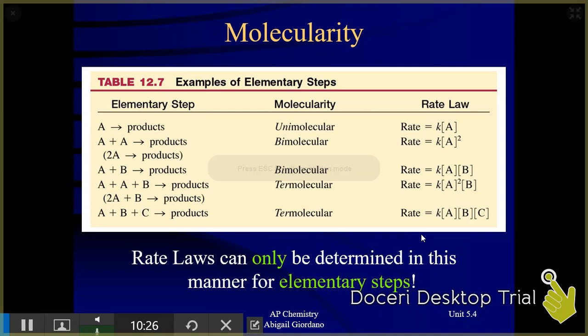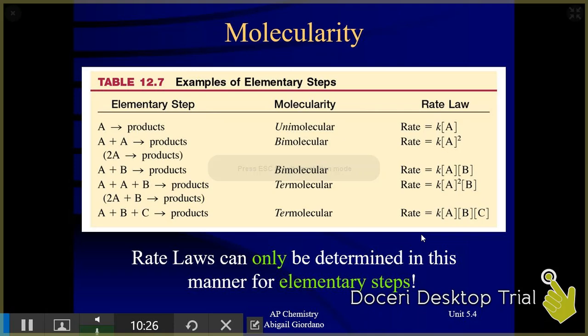Now let's talk about what's going on in the column on the right where it says rate law. If you've watched the previous videos on the previous lessons in Unit 5, we've talked about different ways to find a rate law for something. One method we used is called the initial rates method. We were looking at these charts and comparing line by line.